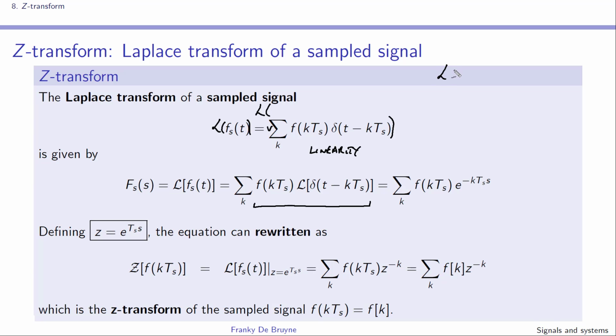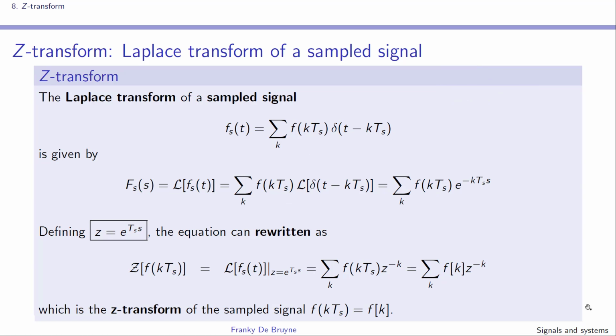Well, the Laplace transform of a delta is simply 1, and by the time shifting property the Laplace transform of a shifted delta is the original transform, so this is 1 multiplied by the exponential of minus tau s, and here tau is the delay. So the Laplace transform of a shifted delta, you've got it over here, right? So the Laplace transform of the sampled signal is this expression over here.